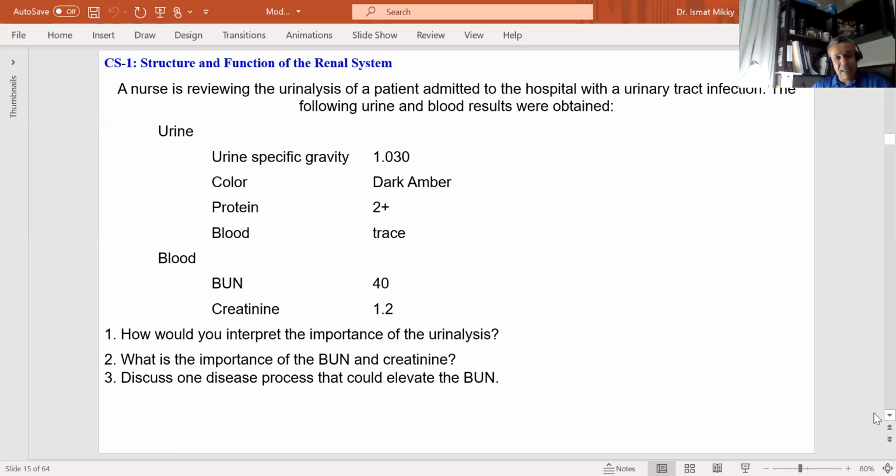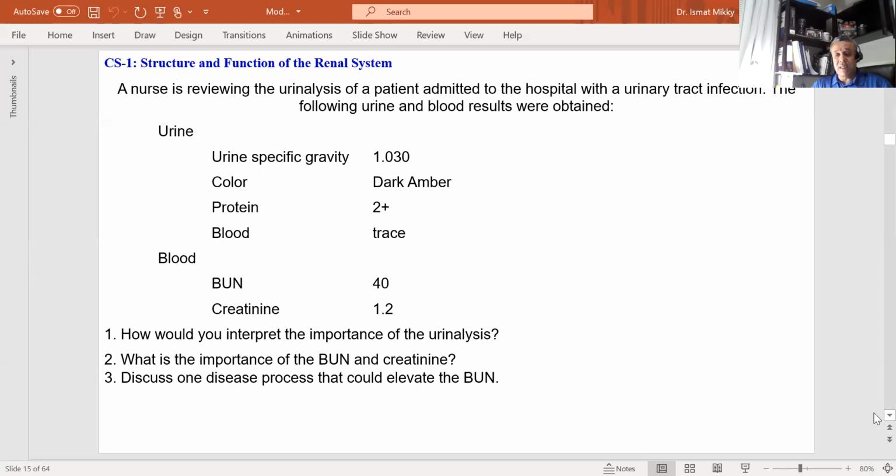In this case, the increase in specific gravity, dark amber urine, and elevated BUN of 40, each of these results is associated with dehydration or decreased blood volume. So the most common reason for increased BUN is decreased glomerular filtration secondary to fluid loss.